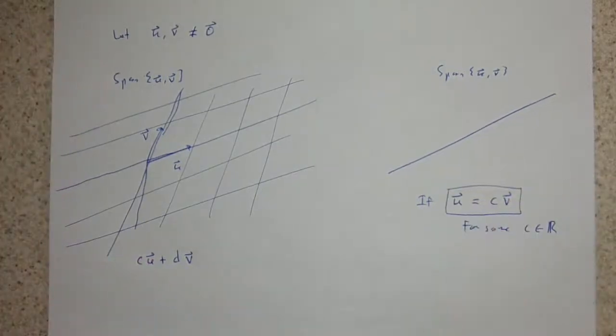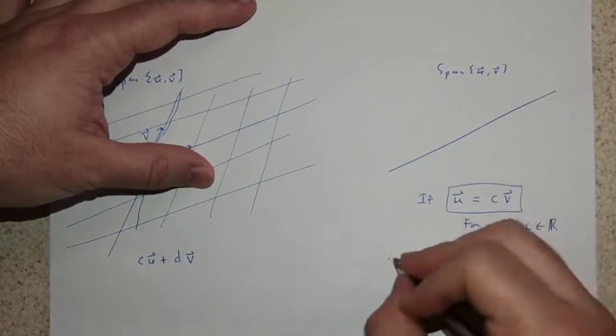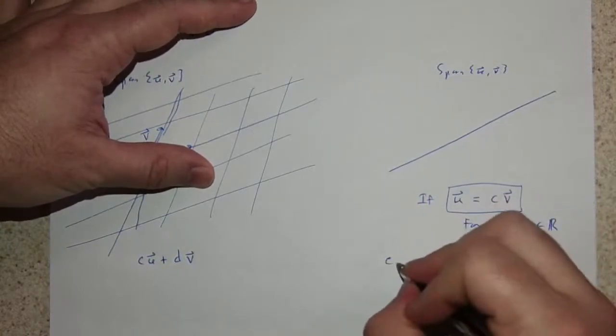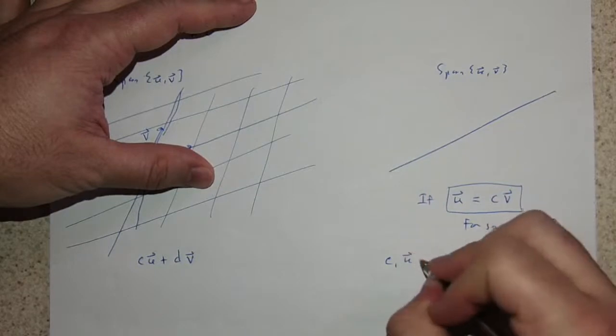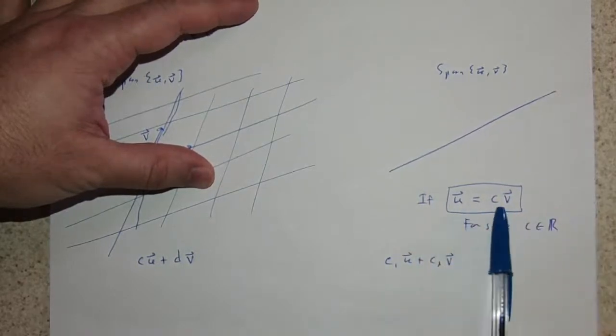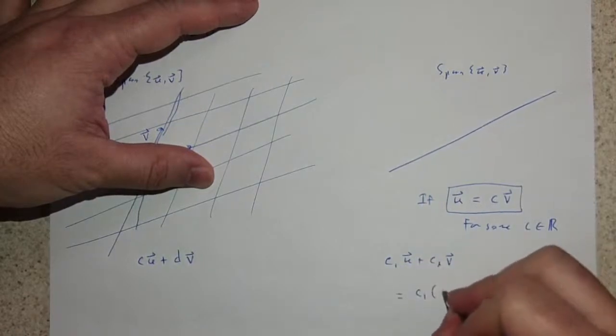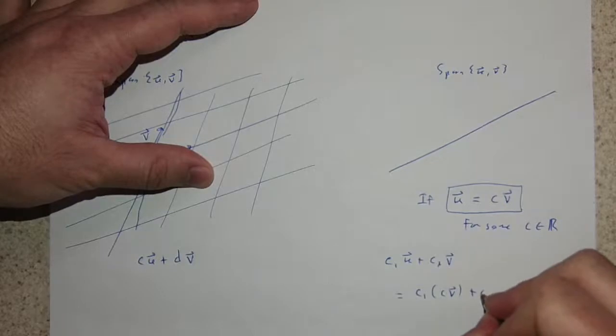Why? What happens is when you go to form a linear combination, c1 u plus c2 v, because u is cv, you get c1 times cv plus c2 v.